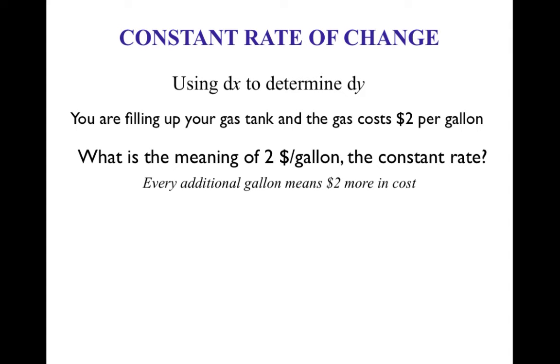Okay, so yes, right. This is a narrow meaning. Can you give me a better meaning? For any additional gallon, the cost is 2x. Okay, good, yeah. So really, for any change in the number of gallons, so not just one more gallon in your tank, any amount of gas you want to put in there, you know how much the cost goes up. How much does the cost go up?